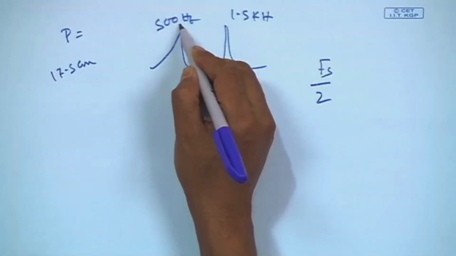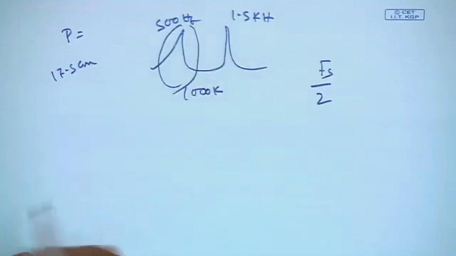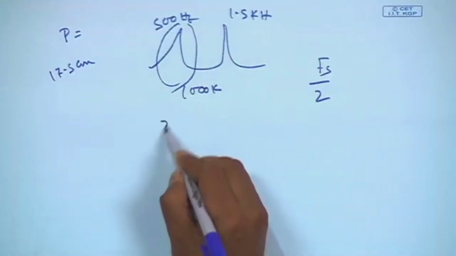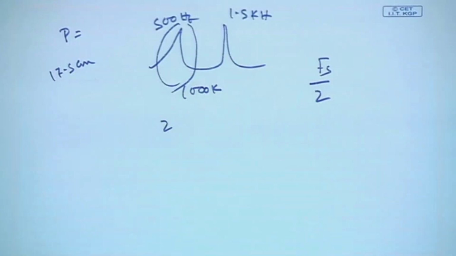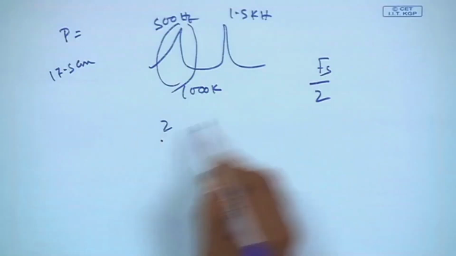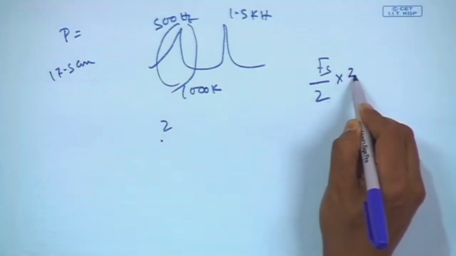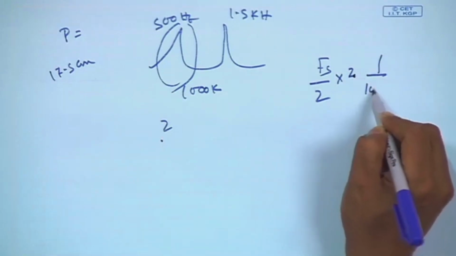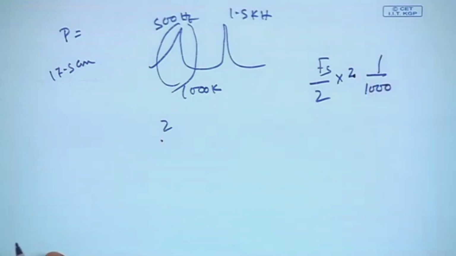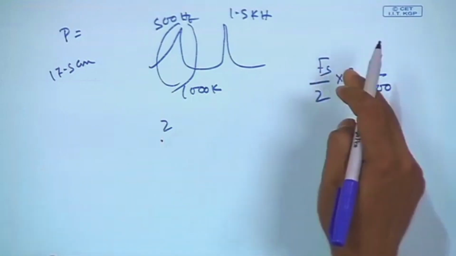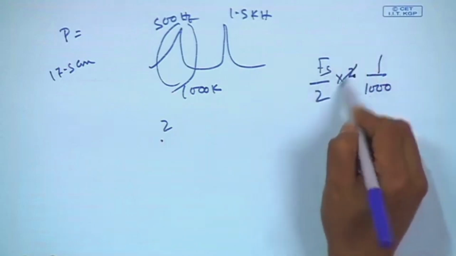How many complex poles are required to realize one formant? 2. A complex conjugate pair of poles is required to realize one formant. So, it is Fs by 2 into 2 poles for every 1000 hertz. So, Fs by 2 into 2 by 1000, the 2s cancel.